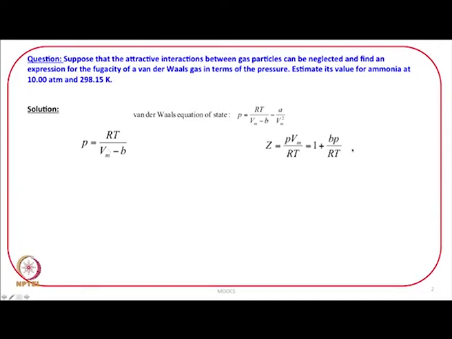And obviously, from this, Z minus 1 over P is going to be equal to b over RT. And that is what we are interested in, because the fugacity can be determined from this integration of Z minus 1 over P dP. Z minus 1 over P from this expression is b over RT, and now when you evaluate this integral, it is very easy, it is bP by RT.